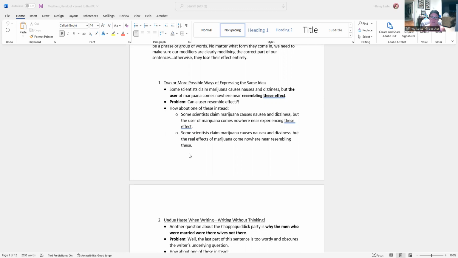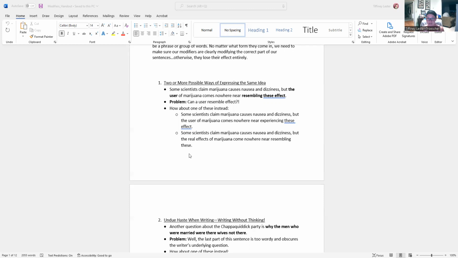And instead of choosing one way and sticking with it all the way through, we start off one way and then, like I said, sort of jump track and finish it another way. And even though option 1 expressed the same idea as option 2, if you're only taking part of option 1 and part of option 2, then it doesn't actually express the idea you wanted it to. It gets confusing. So I have some examples here.